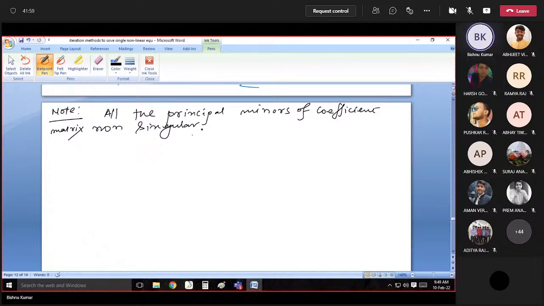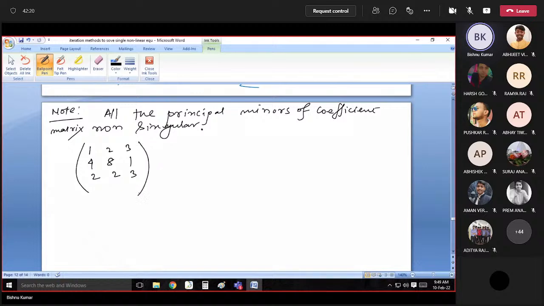Okay. If I ask you one simple question, suppose a system has the coefficient matrix 1, 2, 3, 4, 8, 1, and 2, 2, 3.